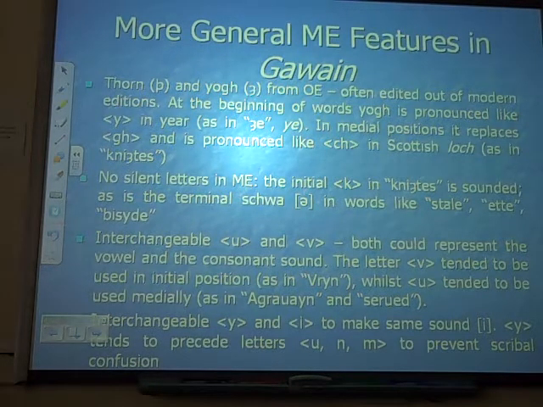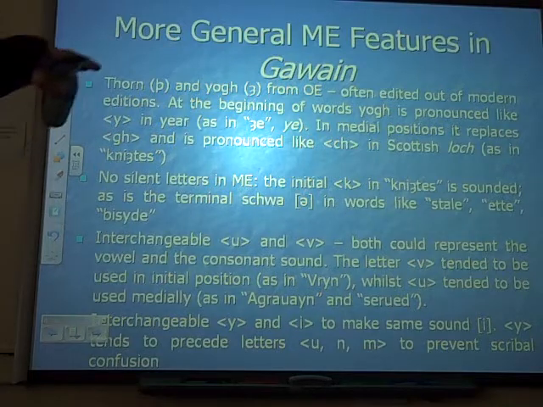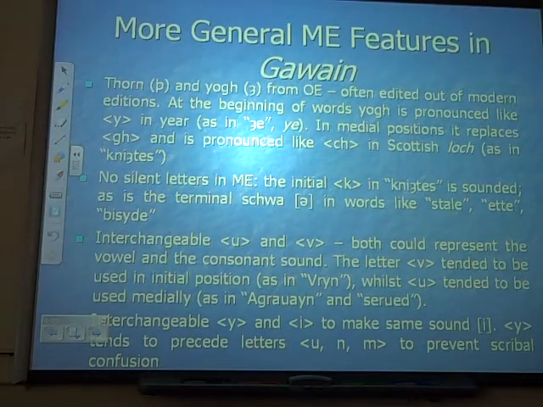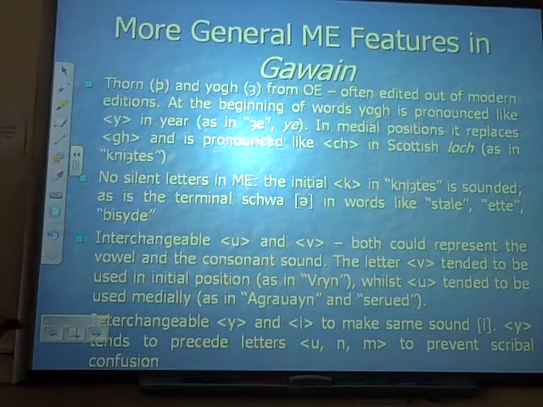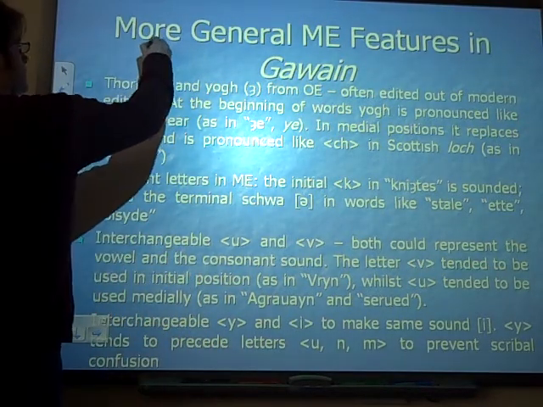Basically, when you write U, N and M in the particular script that's being used in, say, the 14th century, which is called Anglicana Cursiva, it can get quite difficult to tell them apart. If the board works, I'll show you this. So if you want to make a U, you go like this.